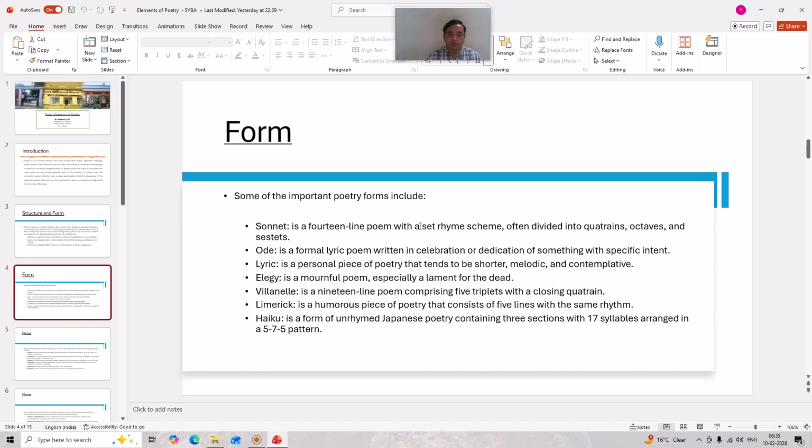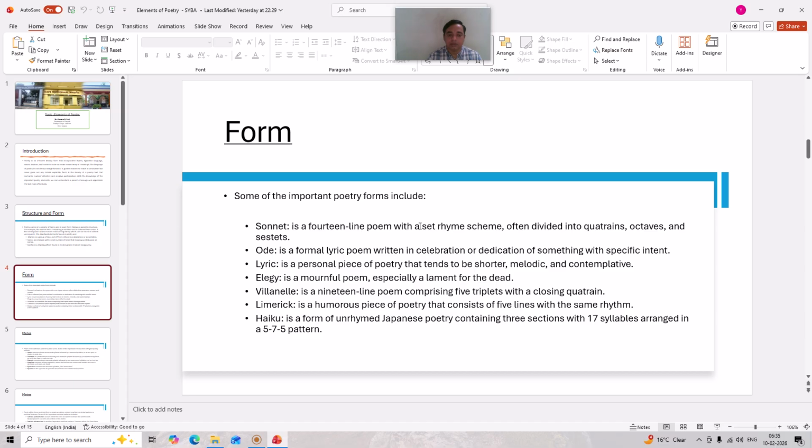Another form is elegy. Elegy is a mournful poem, especially a lament for the dead. Next form is villanelle. Villanelle is a 19-line poem comprising five triplets with a closing quatrain.